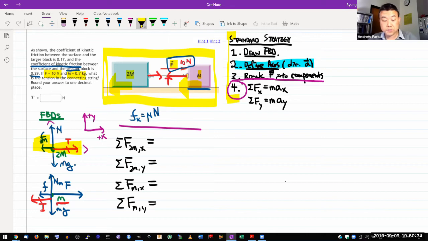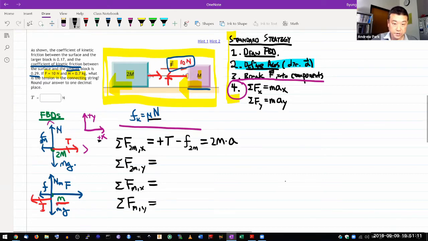So the net force on 2m along the x direction will look like the plus tension, that's the rightward force, which I've already defined as positive, minus the friction force on 2m to the left. And I can go one step further and write this down, but let me leave that there. I'll come back to it later. So this should be equal to mass, which is 2m, times acceleration.